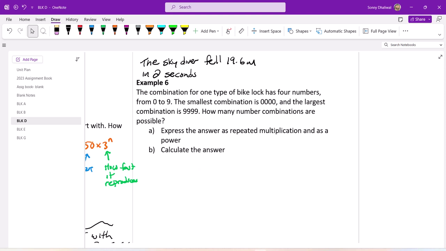So let's draw a quick little picture here. Here's my byte combo lock. I have a slot here for numbers, a slot here for numbers, a slot here for numbers, and a slot here for numbers.